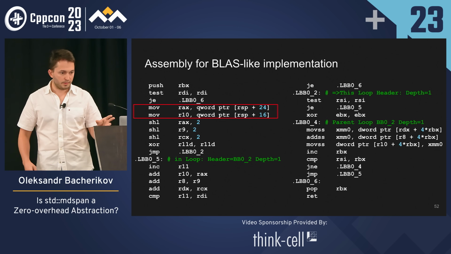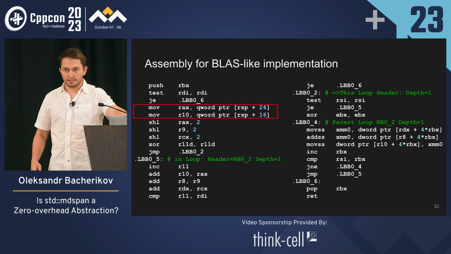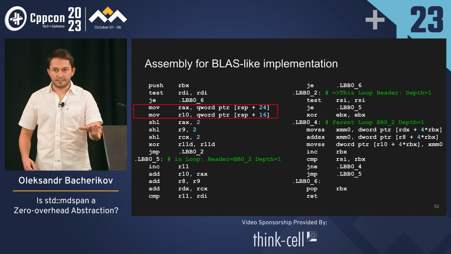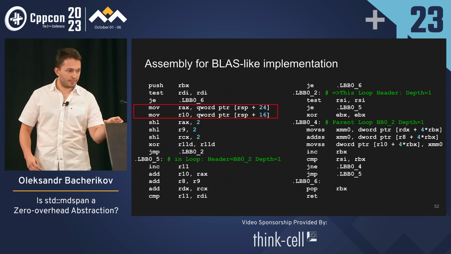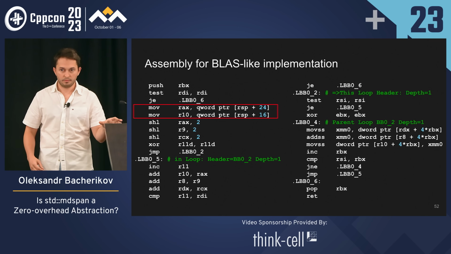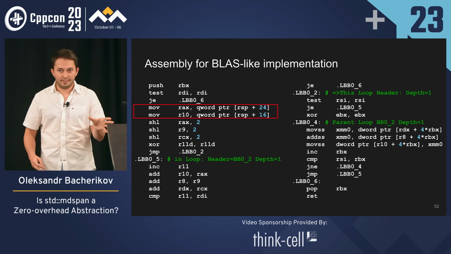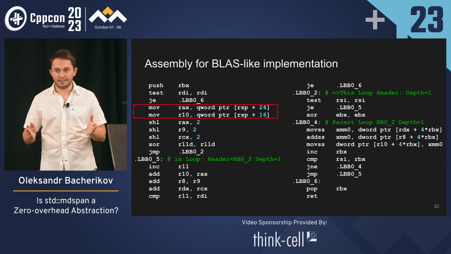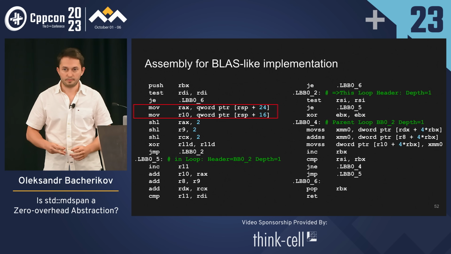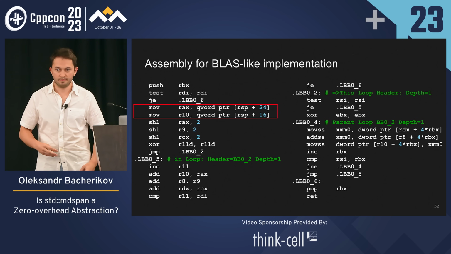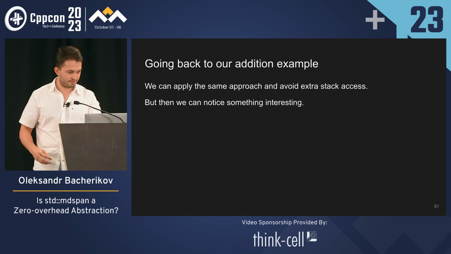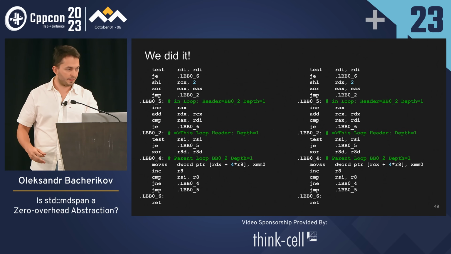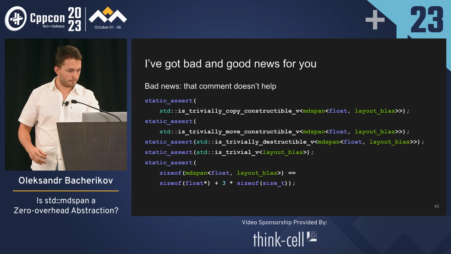Yeah, so actually those two lines are exactly loading from the memory into the registers. I think it happens before the loop. Oh, okay. And the reason they're necessary is because of the ABI limitations that I described. I see. So it's only once per function, right? Yes. Go back to the earlier slide where you had this comparison, where you had the BLAS and the mdspan next to each other.